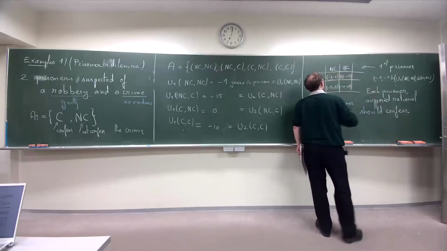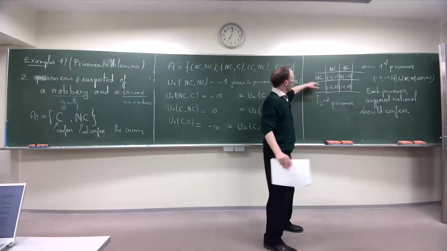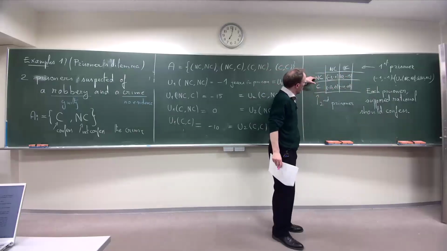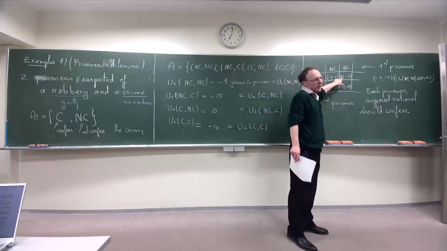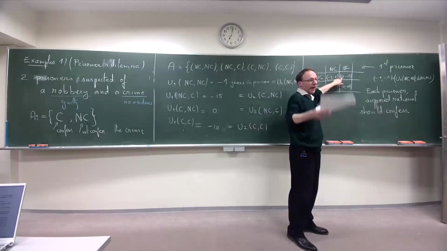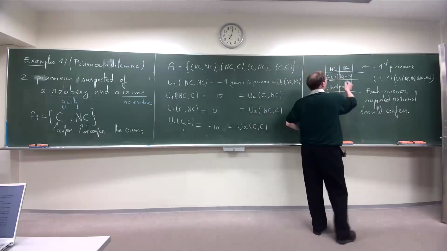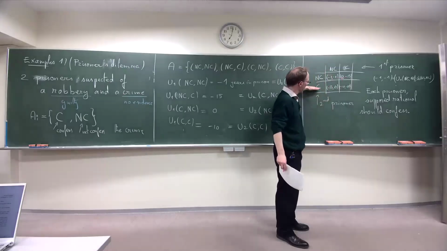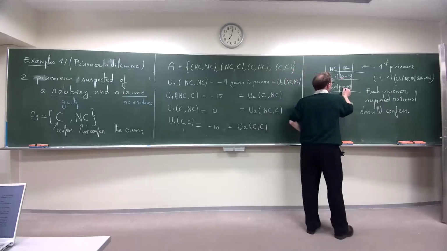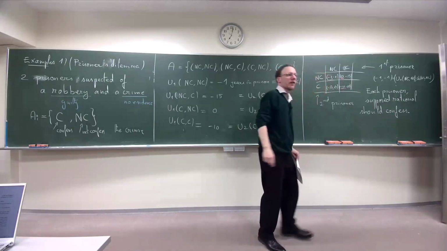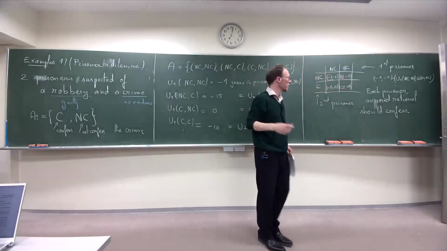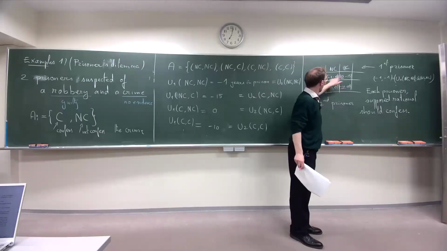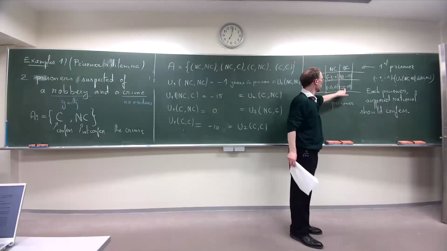Look at these two entries here. First, you compare these two entries. If the second prisoner does not confess, for the first prisoner it's better to get 0. We want the highest payoff, so we should choose 0 here. And independently, if the second prisoner confesses, again we have -10 here. So if the first prisoner is rational, always 0 is better than -1, and -10 is better than -15.